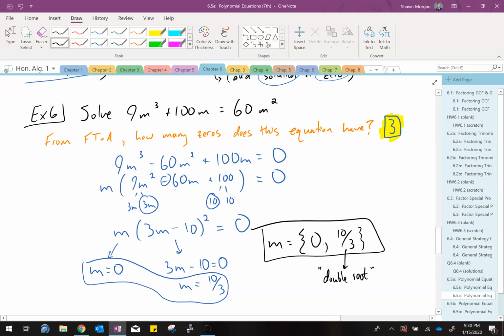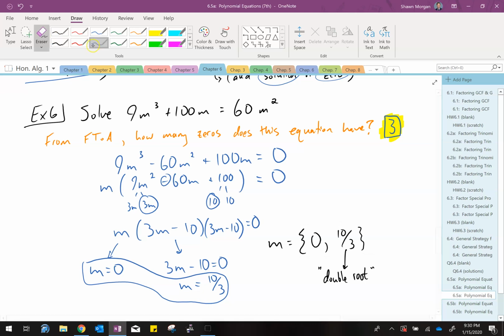Most of the time it would just be referred to as a double root in that context, because if you had written it out instead of 3m minus 10 quantity squared, if you had written it out as 3m minus 10 times 3m minus 10, then you would have gotten that same answer over again. Having used the ZPP, you'd have an identical equation and therefore an identical root.